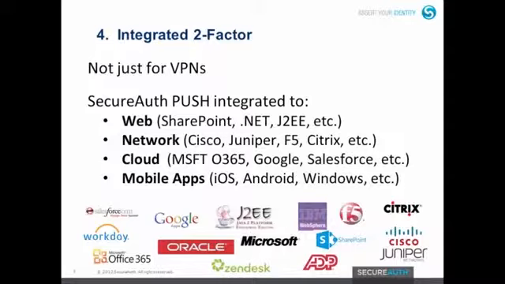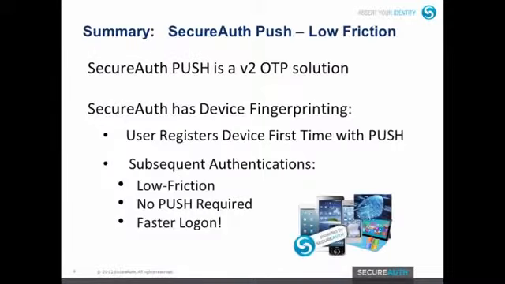And speaking of second generation, great way to sum this up, Chris. SecureAuth is a Gen 2 OTP solution, a Gen 2 one-time password, because we can do the push first, and then we fingerprint the device and remember that device by associating it with the user. And therefore, on subsequent authentications, you don't have to step through and do the one-time password every time. The system knows who you are and then asserts you. Much cleaner way of doing legitimate two-factor.